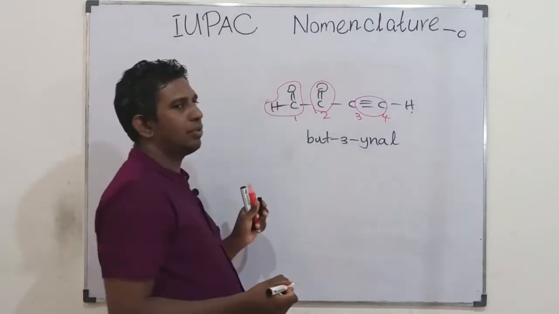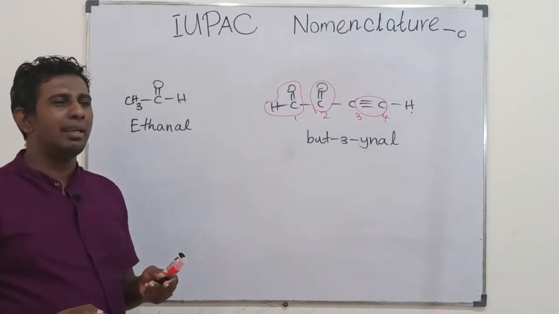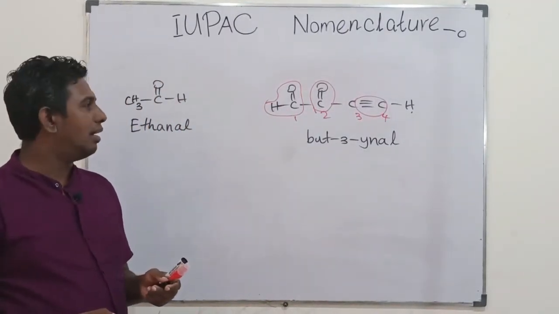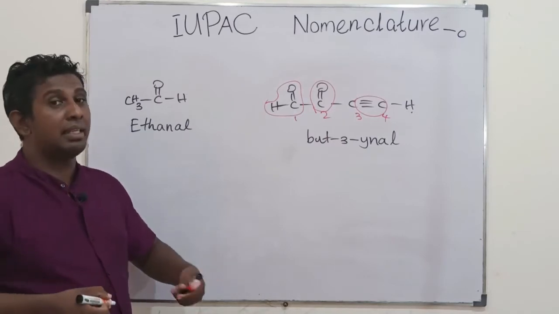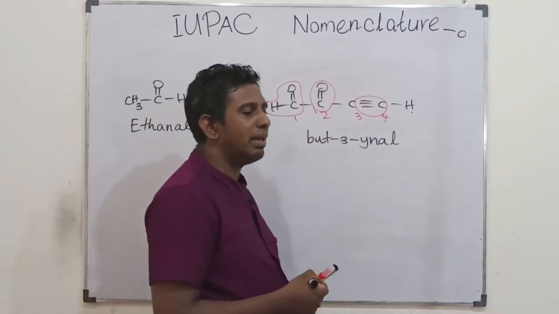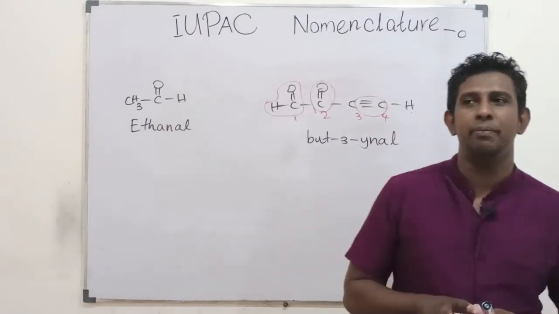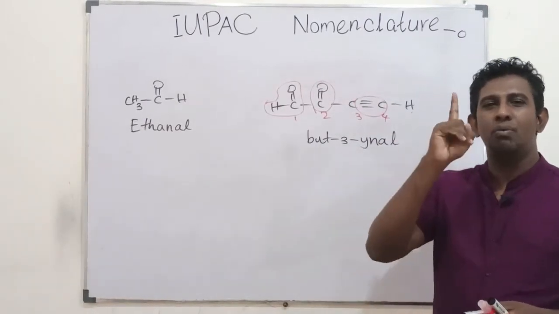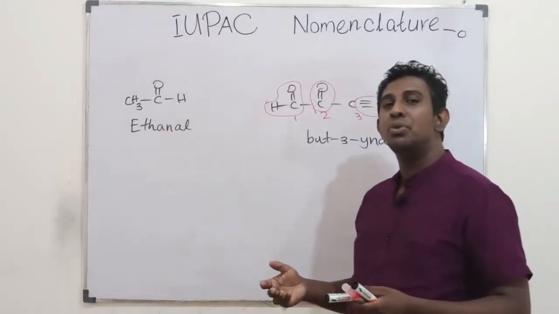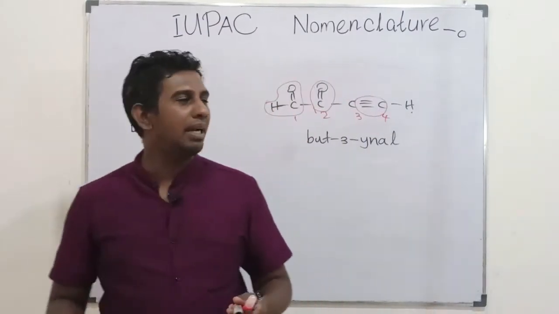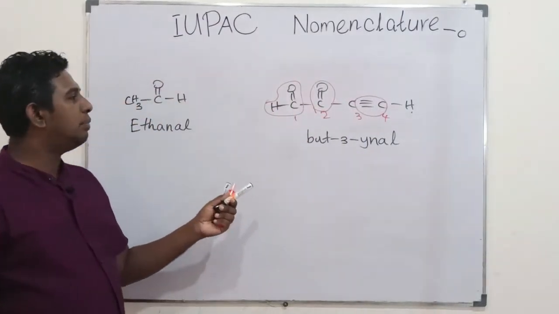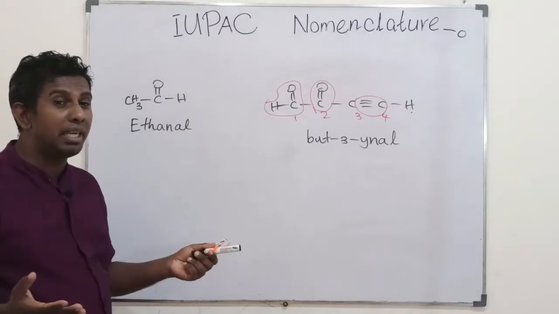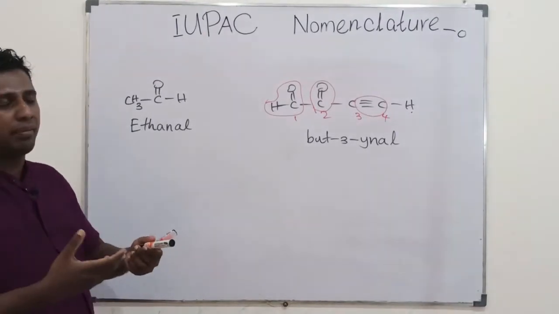It is 1-al. So all the times when aldehydes are the main functional groups, and when there is only 1 aldehyde, it will take the number 1. Therefore, you shouldn't mention that 1 there. So it is but, the stem name, the main chain's name.